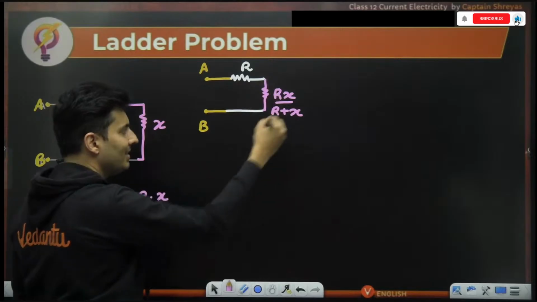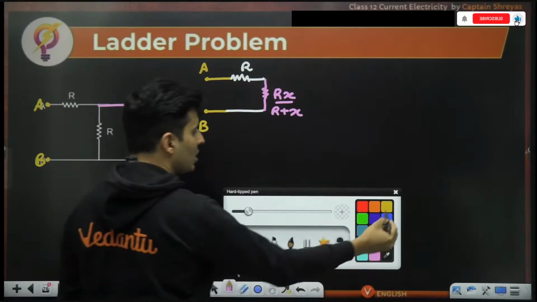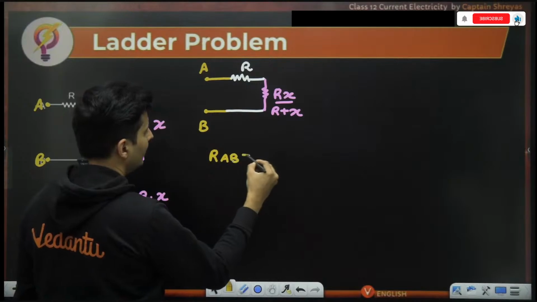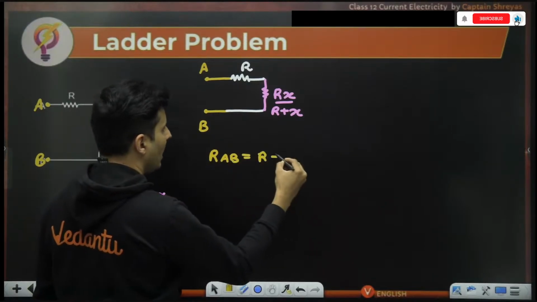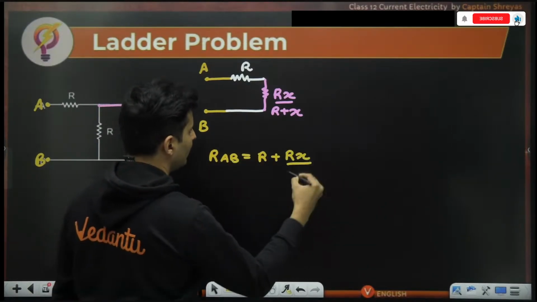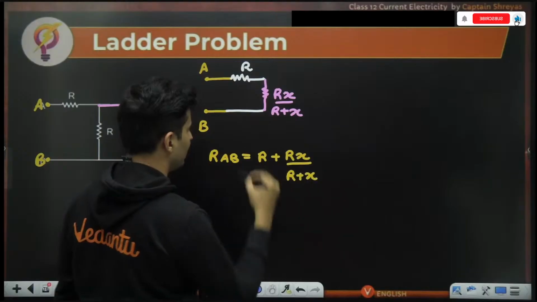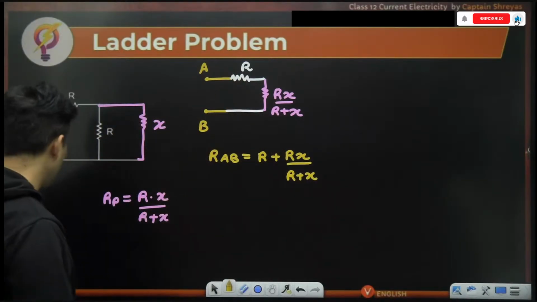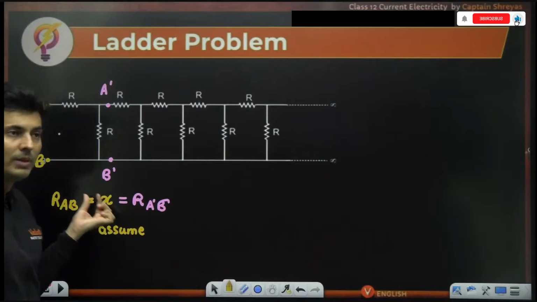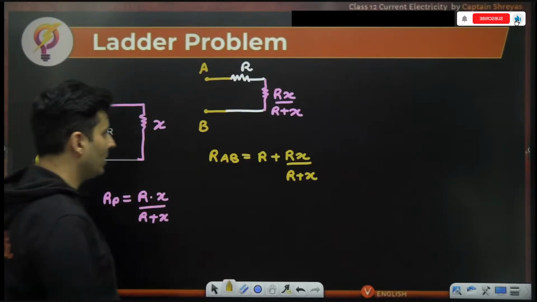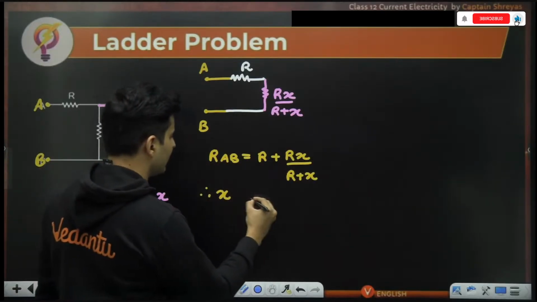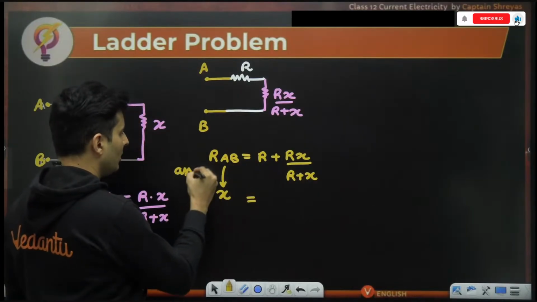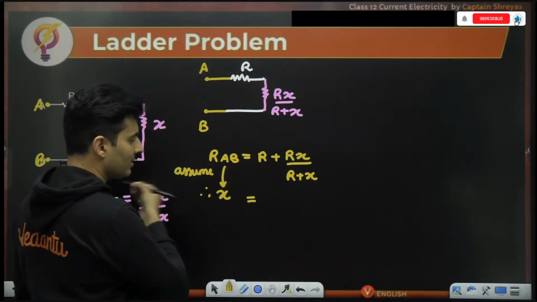And these two are in series. So what is their equivalent combination going to be? RAB, because they are in series, will be R plus Rx divided by R plus X. But wait a minute, RAB we had just assumed to be X. So why not write X is equal to this, because this was assumed to be X in the first place.